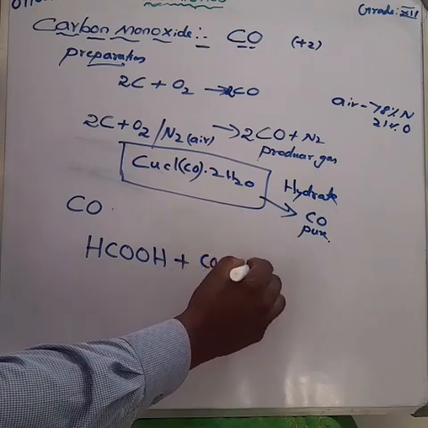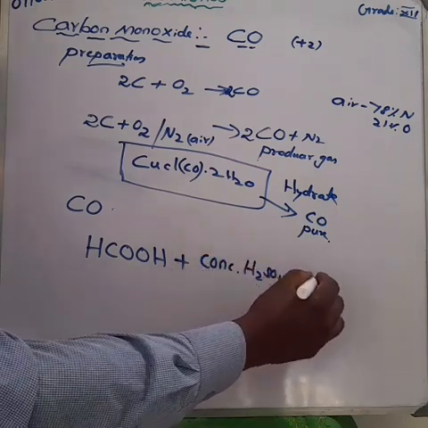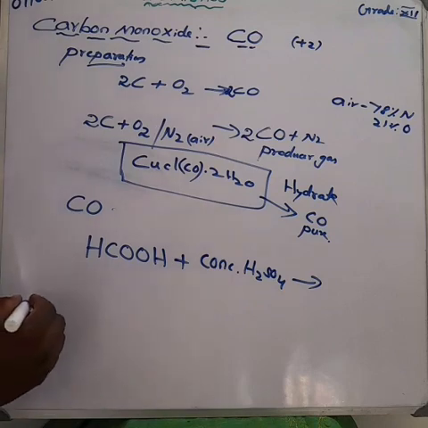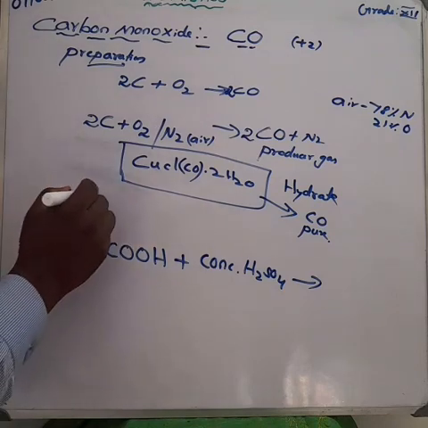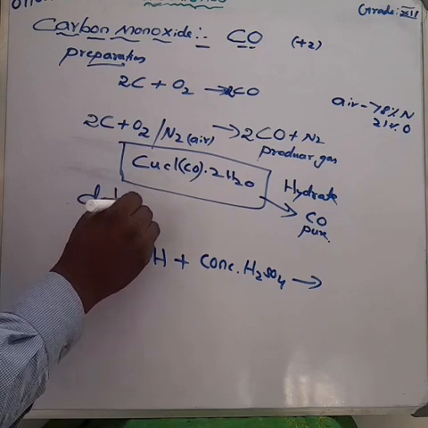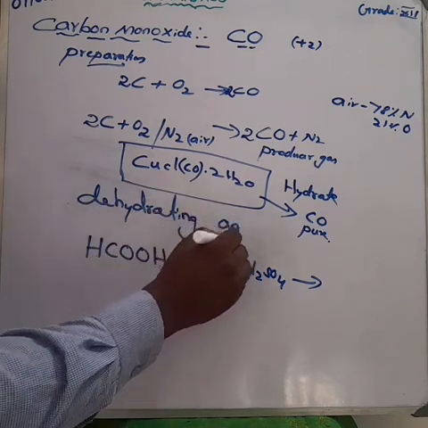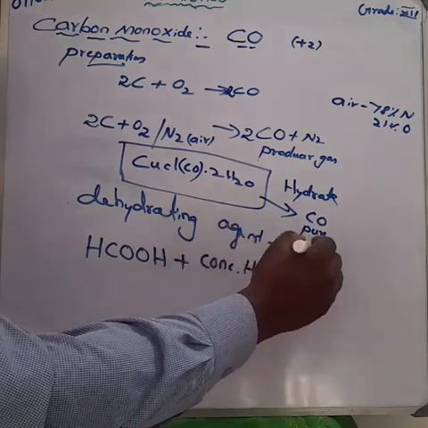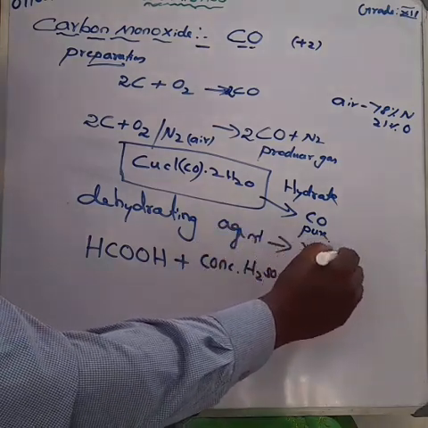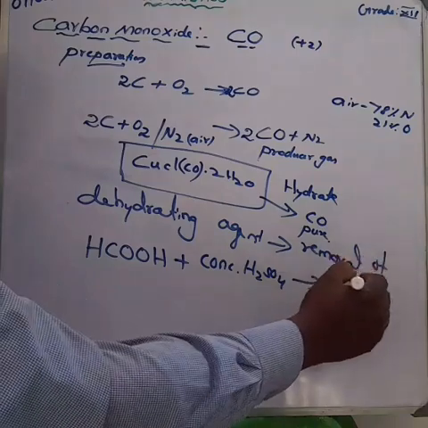Why are we adding concentrated sulfuric acid? Because concentrated sulfuric acid is a dehydrating agent. What is the meaning of dehydrating agent? The removal of water molecules. Am I right? The removal of water molecules is called a dehydrating agent.